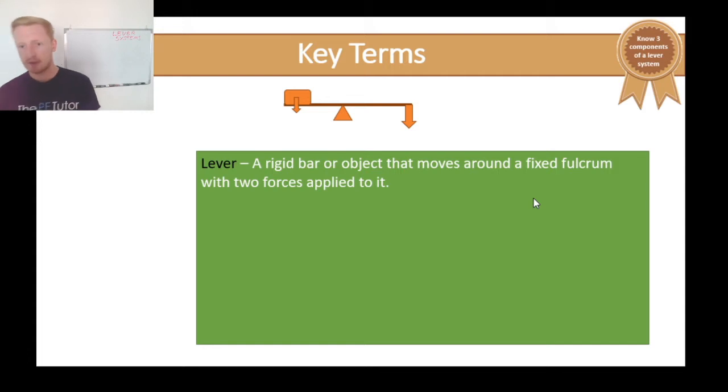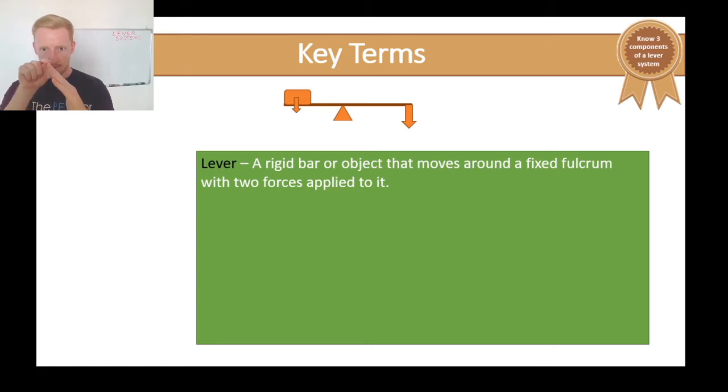So the first thing that we have is a lever. Okay, the lever. This is this rigid bar or structure or an arm. It's rigid and it's fixed to, now that word there, fulcrum, we'll cover it in a second, but that's our pivot point. So the triangle in this diagram, that's the pivot.